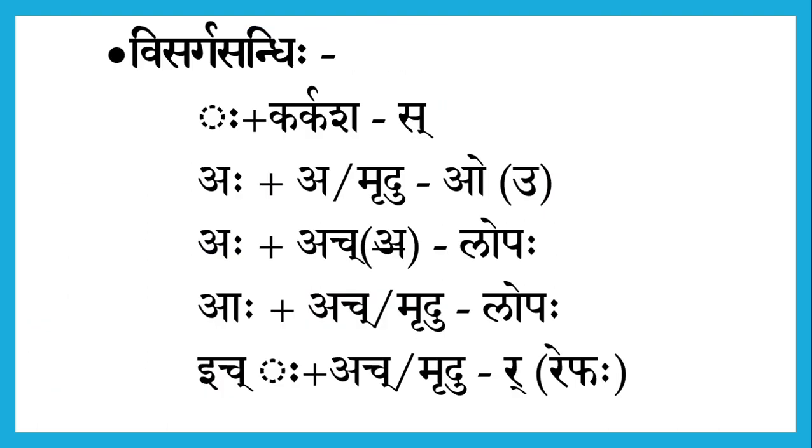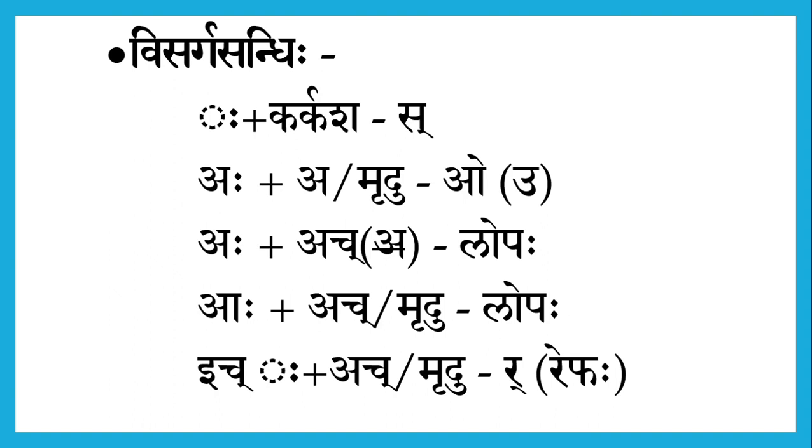Before we move on to learn all of these in detail, you must know all these simple rules that we have got here. The first one says visarga plus karkasha becomes sa. This means that the position of visarga is occupied by the letter sa. The second one says that aha plus a or mrudu is o.